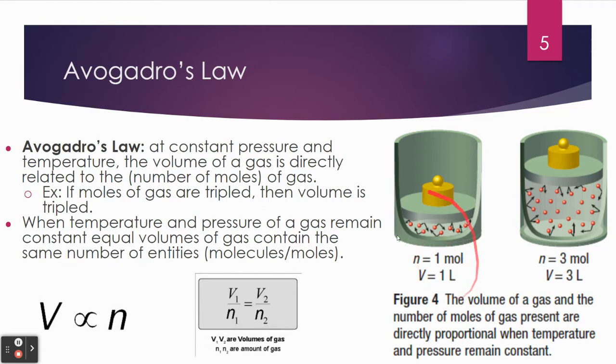For example, if I had a sample that was 1 liter and contains 1 mole, and there's another sample that's also 1 liter, I can infer that it also contains 1 mole. That's another idea from Avogadro's law, that the volume is proportional to the number of moles or particles of gas present.